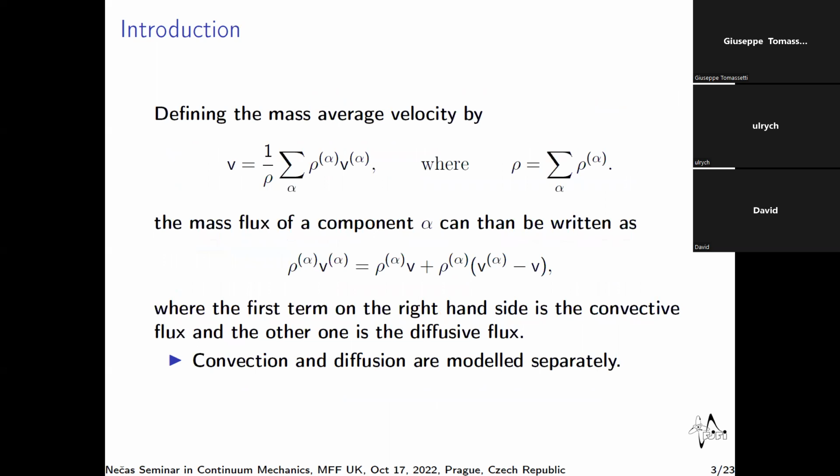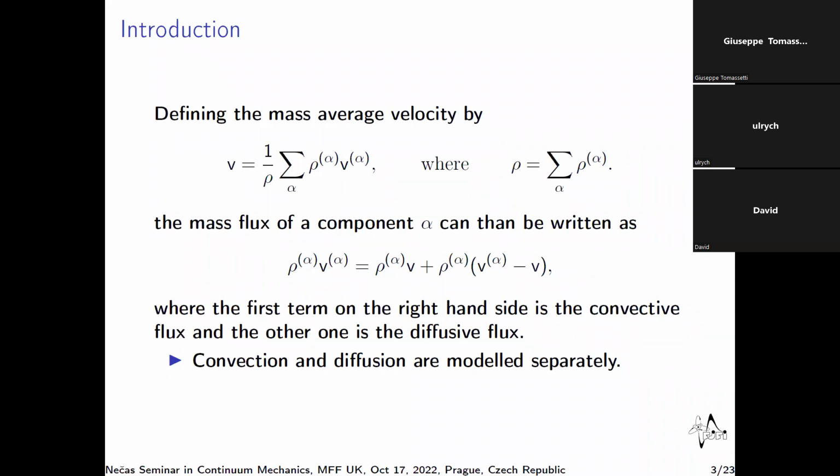So for example, if we have a flow of n components, these components are indexed by this superscript alpha. Each component has its own density and its own velocity. Then we can introduce the mass average velocity, which is basically the average velocity weighted with the mass fractions of individual components.